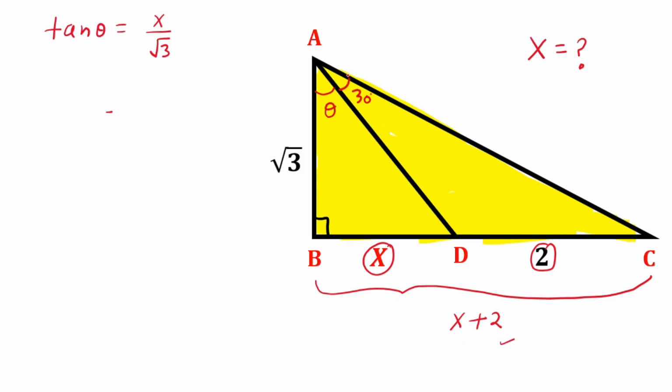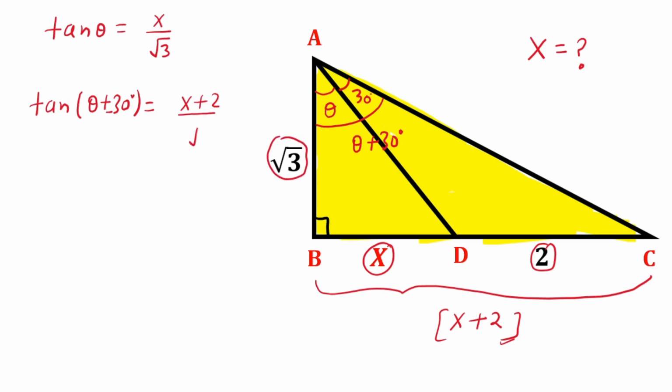Now this angle is theta plus 30 degrees. Then, if we find the value of tan of theta plus 30 degrees, this equals perpendicular over base, and the perpendicular is the opposite length of this angle. So the perpendicular is x plus 2 and the base is square root of 3.